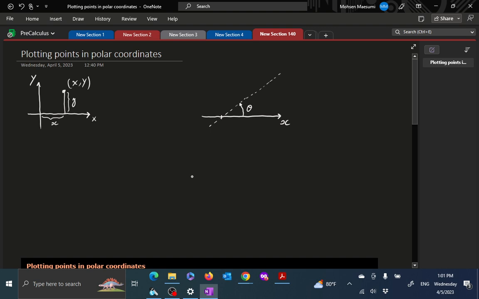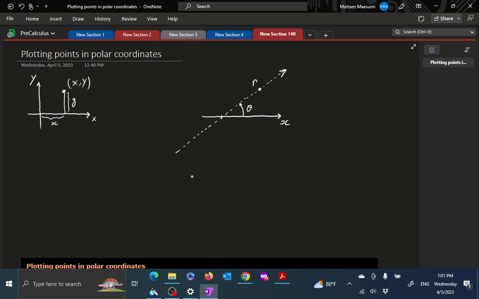So there is going to be some new axis here. On that axis we designate a certain location. That location we refer to by r. If r is positive, we go in the direction of that axis. If r is negative, we go in the opposite direction.